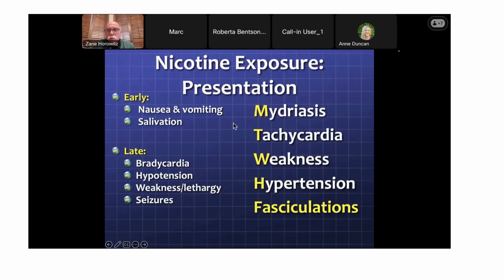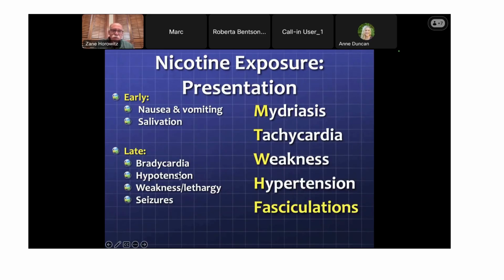Nicotine, sort of the mnemonic to remember, nicotine exposure is early on, they usually just get nausea, vomiting, and salivation. So it kind of looks like, oh, it's like an organophosphate poisoning. And later on, they get this Monday, Tuesday, Wednesday, Thursday, Friday sort of fasciculations, weakness, tachycardia, dilated pupils. But later on, they can get even profoundly ill with hypotension, bradycardia, and go into shock.